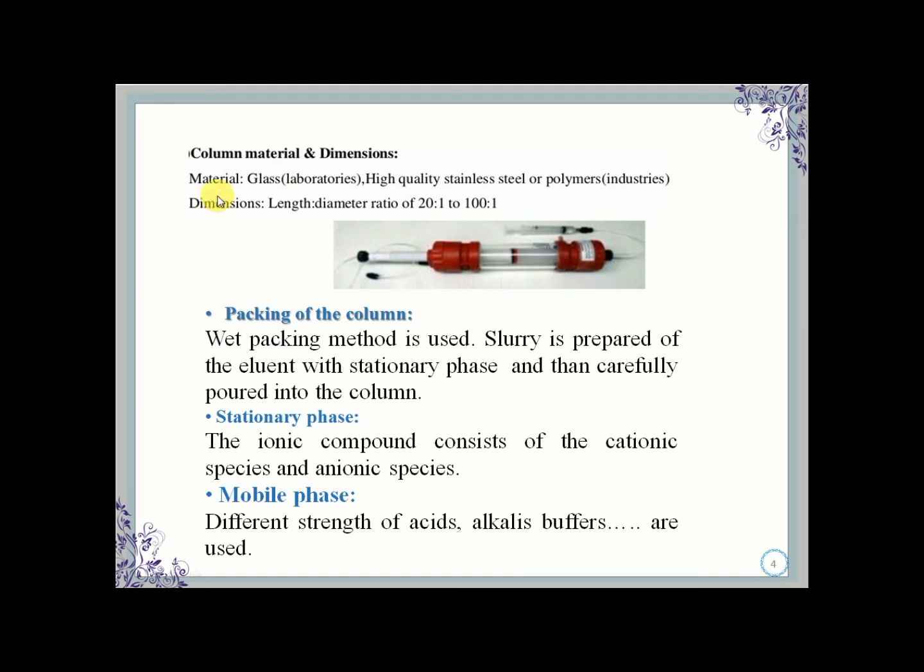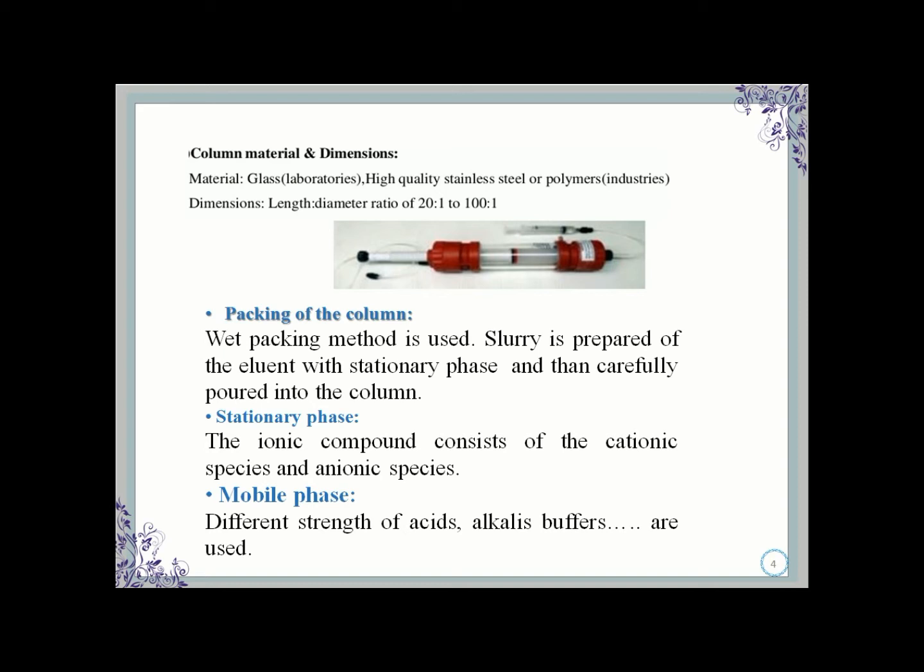An evenly packed column ensures the peaks are not broadened, and the sample can pass down the column very easily. Unnecessary broadening of peaks or tailing will not occur if you are using a pre-packed column. And in ion exchange chromatography, the wet packing method is used.